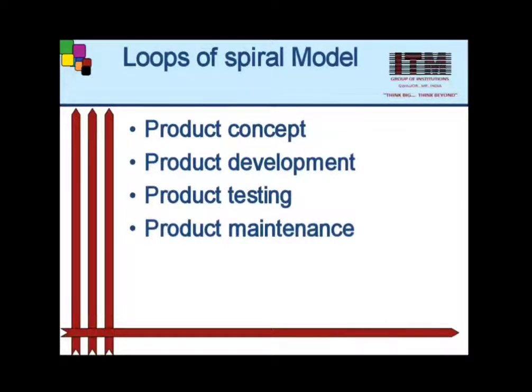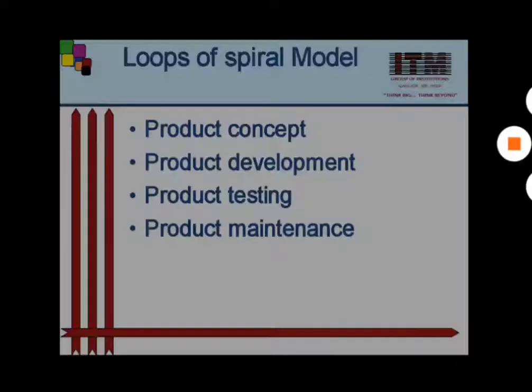The looping of a spiral model begins at the center of the spiral and proceeds in the clockwise direction. That's why the innermost loop represents the system concepts, then the next loop represents the development loop, and so on. These loops play a very important role in the spiral model.